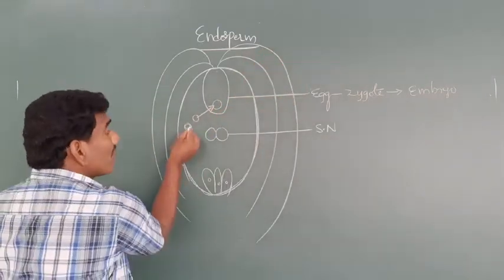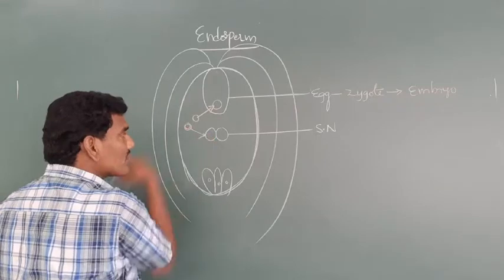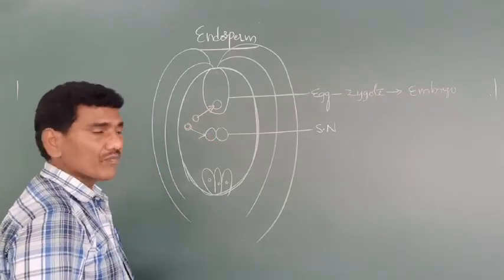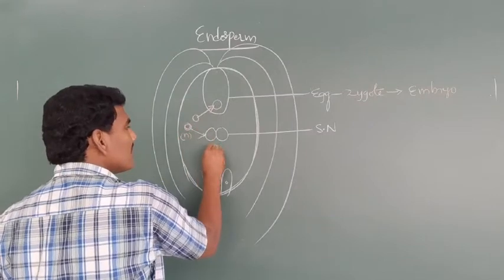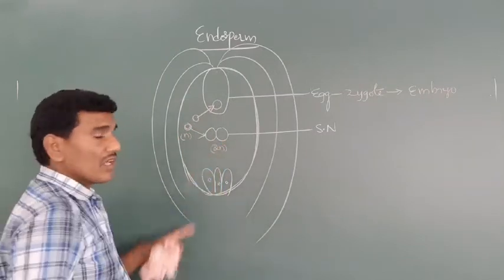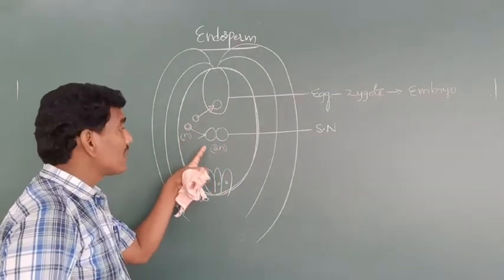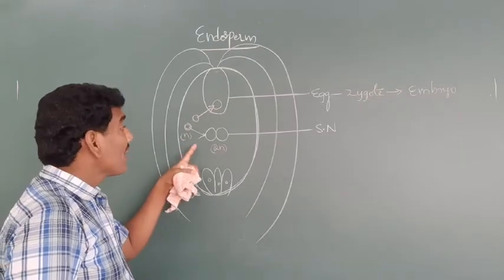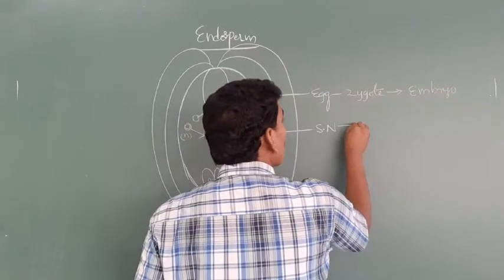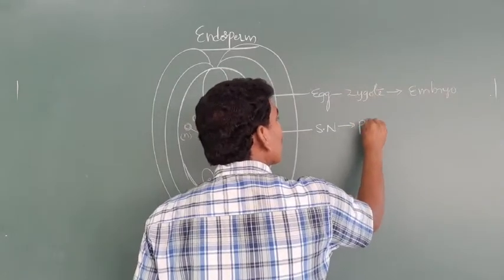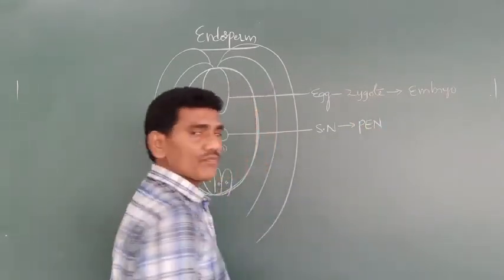Here, the second male gamete fuses with the secondary nucleus. This is N, this is 2N. This is the haploid condition, this is the diploid condition. The second male gamete fuses with the secondary nucleus to form the primary endosperm nucleus.